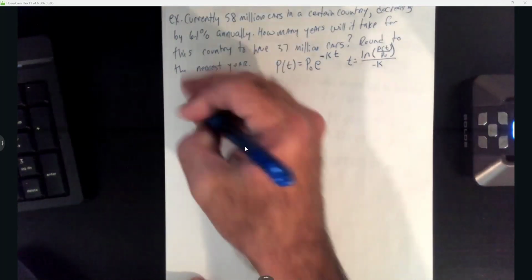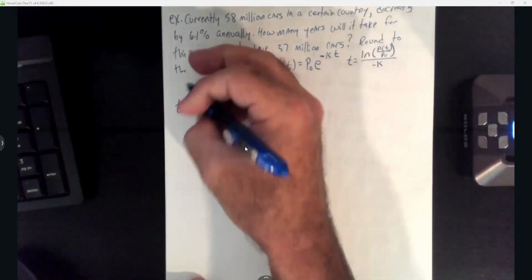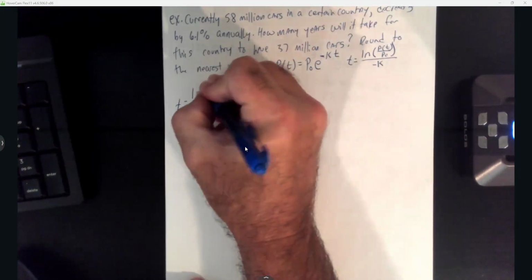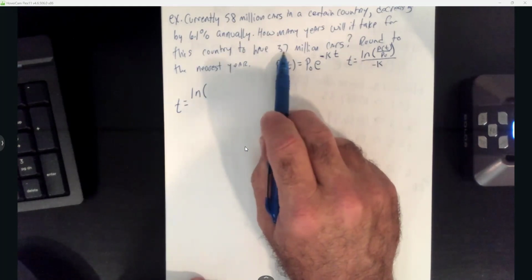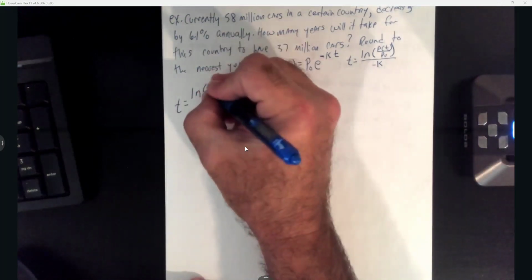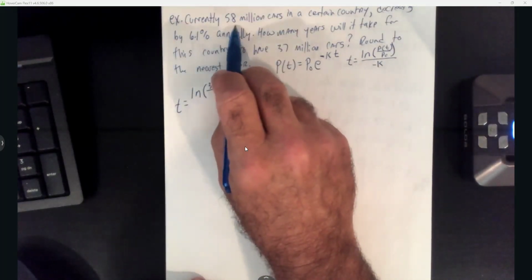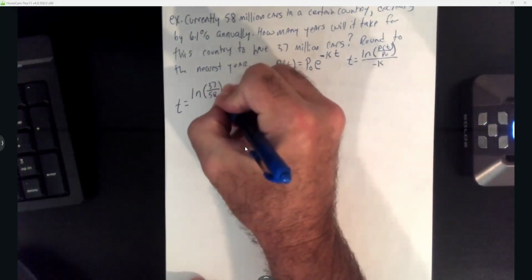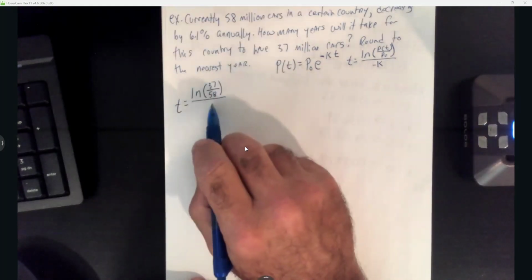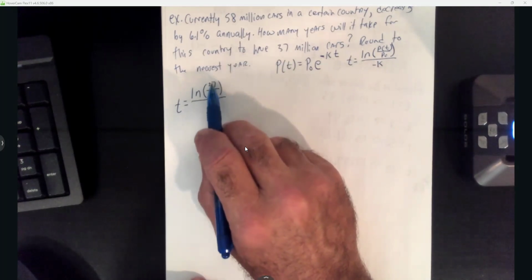So y'all, let's plug it in. We're looking for the time. That's going to be the ln. Our final amount was the 37 million. So we would have 37. Our initial amount was the 58. So when you're decreasing, your bottom will always be bigger than that top.